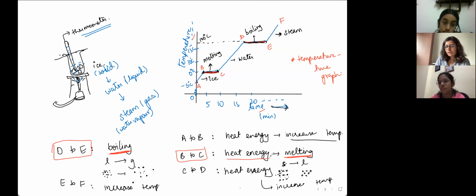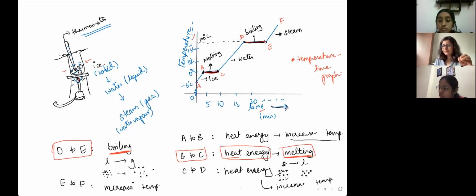The heat energy, whatever heat energy is being taken, whether it's from the flame or from the surroundings, wherever the heat energy is being taken from, is used to break the bonds, used in the process of melting. That particular heat energy is called latent heat.